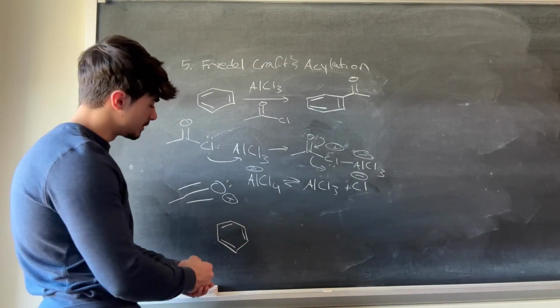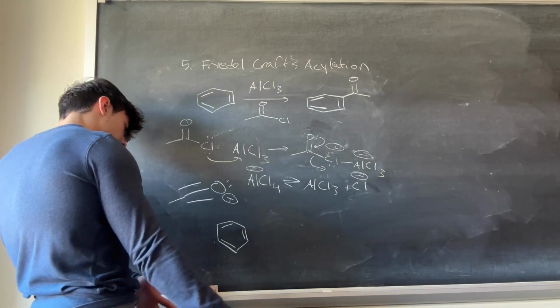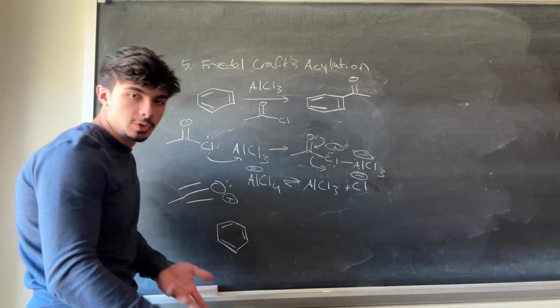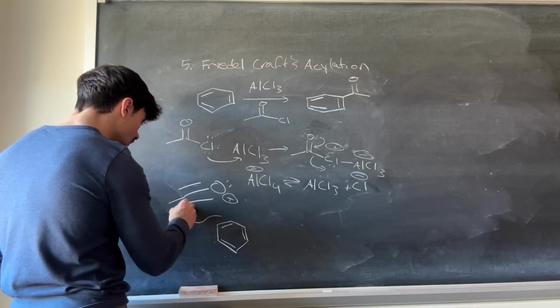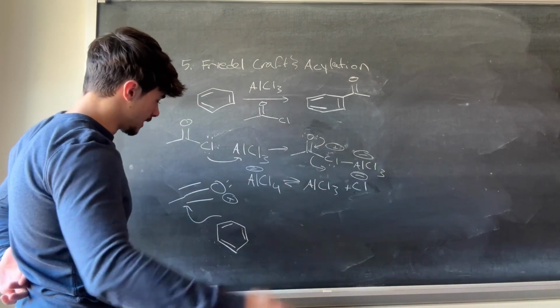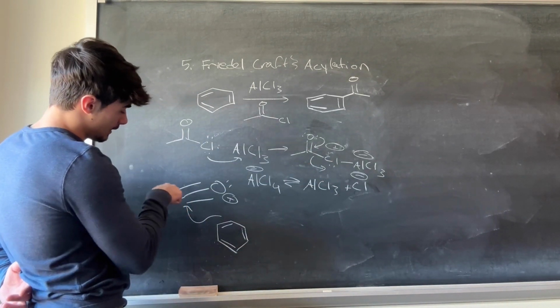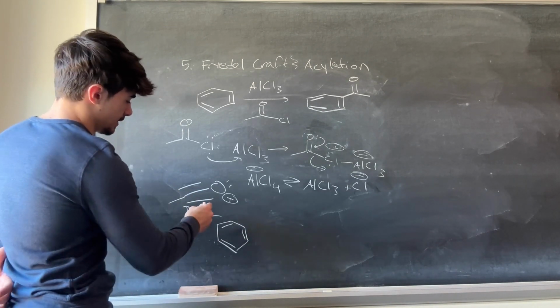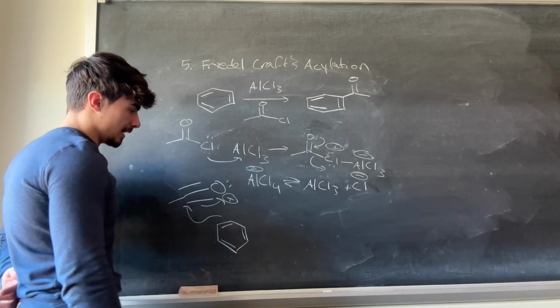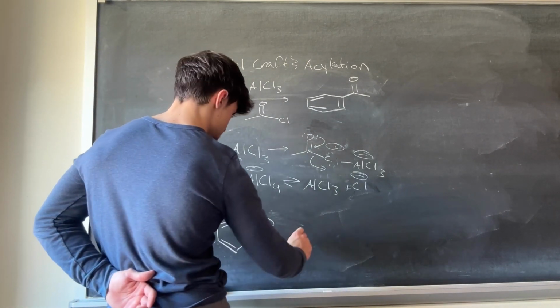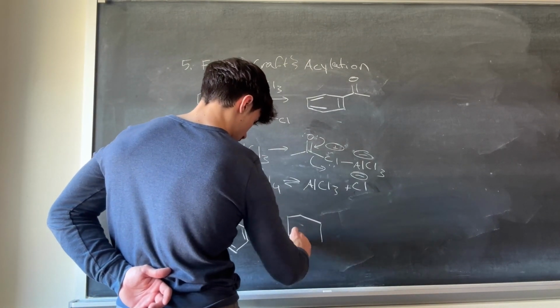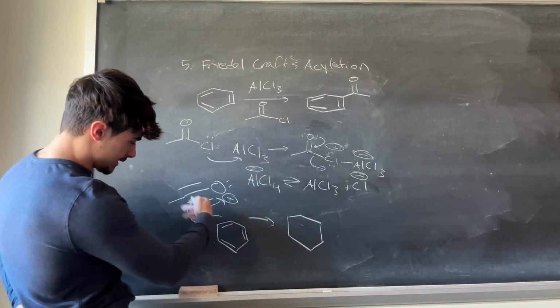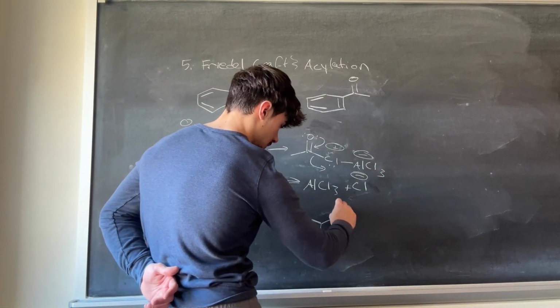This isn't the true structure of benzene, but we'll still use the equivalent of 2 electrons of the electron density to attack the carbon on this acylium ion, the one that's triple bonded to the oxygen, and open that up.